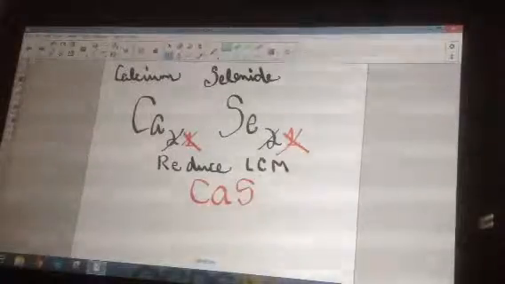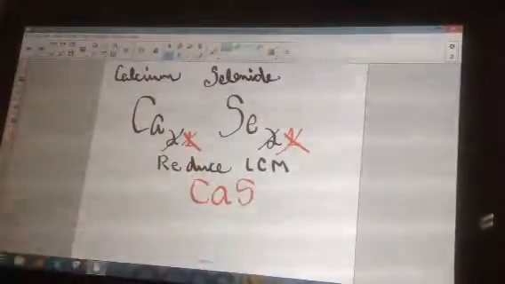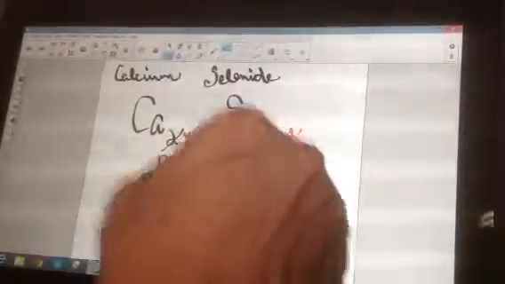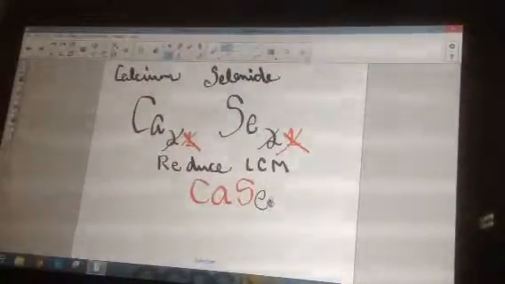And remember, we don't write 1s, so the 1-to-1 ratio becomes Ca and Se. That's kind of a typo there. We'll fix that up right now. That is C A S E, and of course that should have been a red.